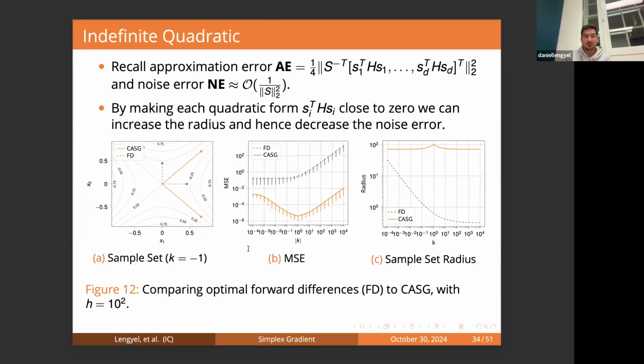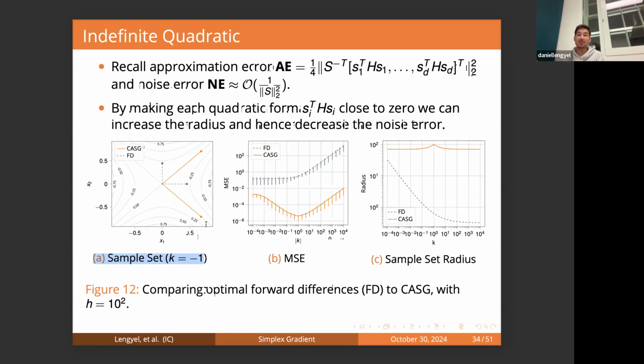First, the indefinite quadratic. And here, let's look at the first figure A. As you have already said, what we would want is to exploit the fact that there are positive and negative eigenvalues of your Hessian and find roots of your polynomial, just as we have done before. And this is exactly what we want to do here. We want to align our sample set points along zero sets of this quadratic given here, s1 H s1.